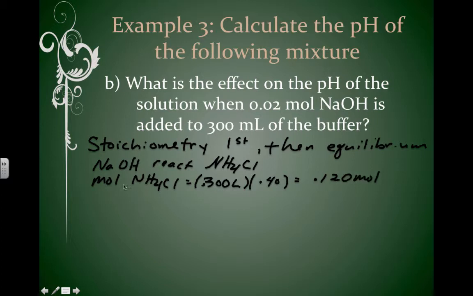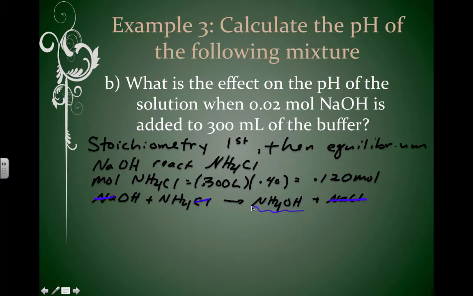And now our reaction says sodium hydroxide is added to our buffer, and we get a double replacement reaction, so NH4OH plus NaCl. And of course we've got spectator ions here, right?